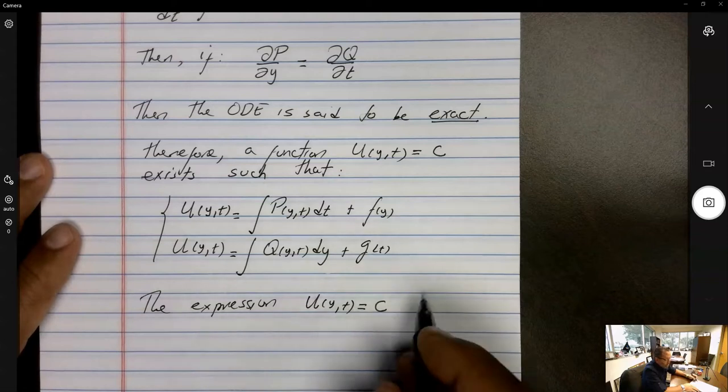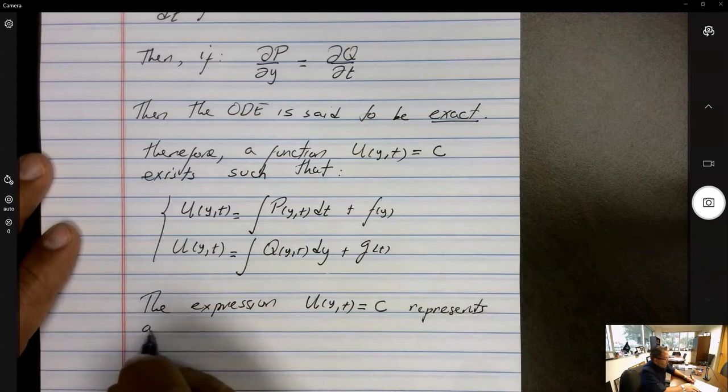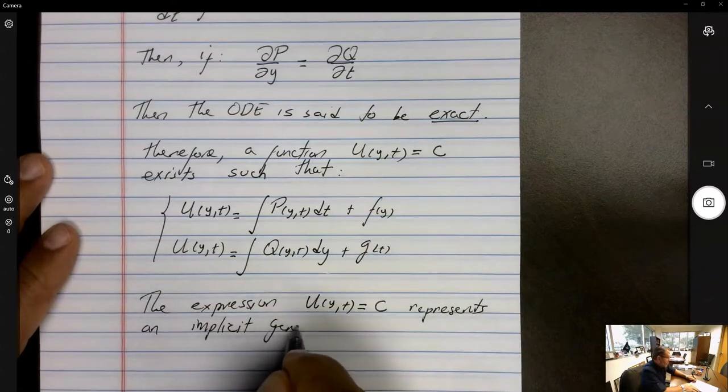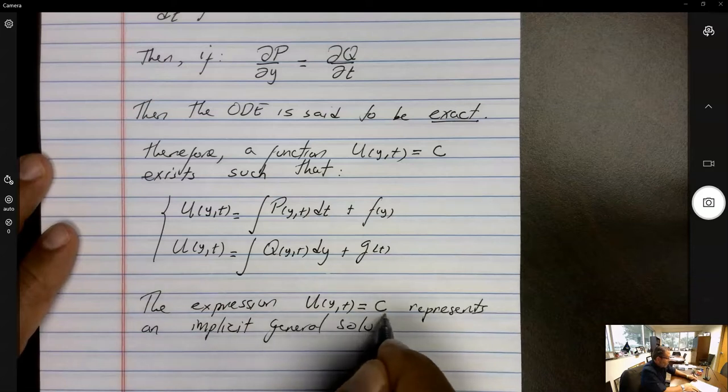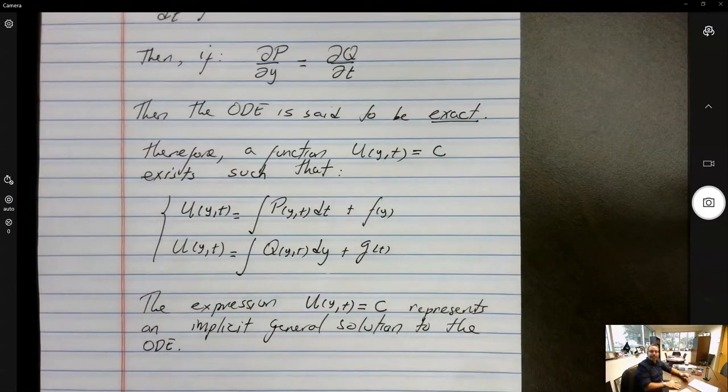Then we equate it to a constant represents an implicit general solution to the ODE. Okay? So now we know how to solve it, if it happens to be exact.